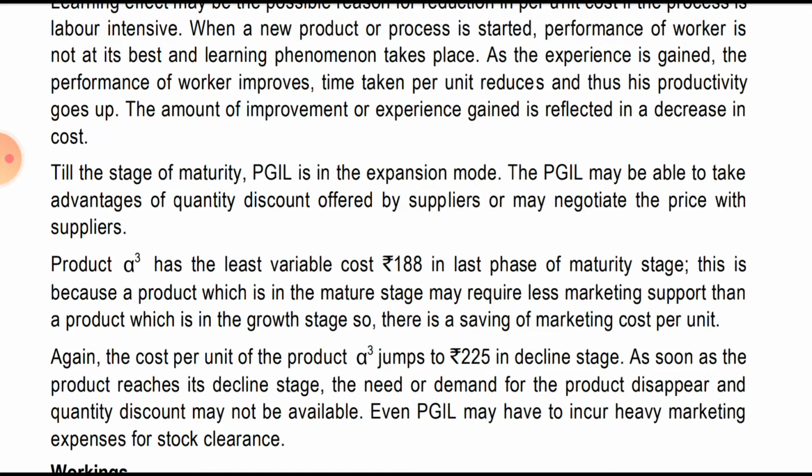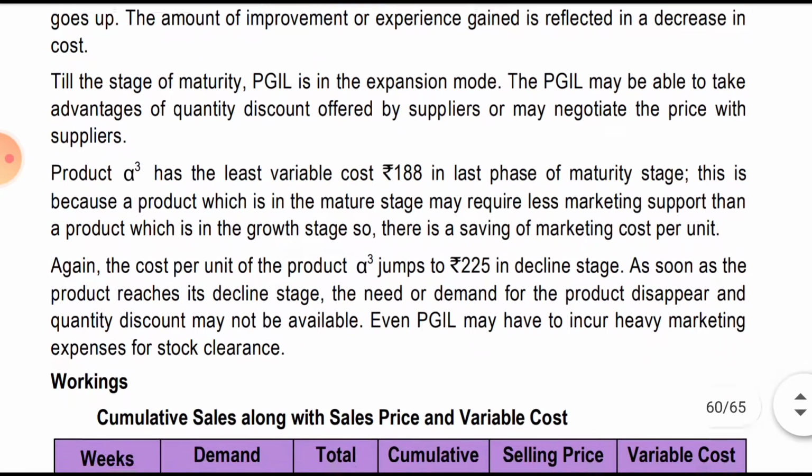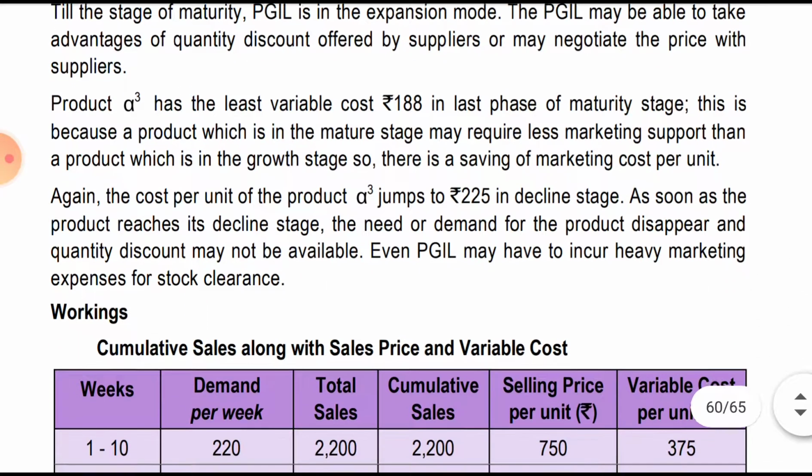So from the introduction stage it will incur the cost, then in the growth stage a little less, then in maturity it will again incur less because of less marketing. So there is a saving in the marketing cost per unit.